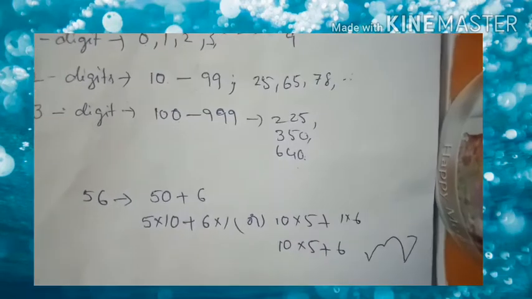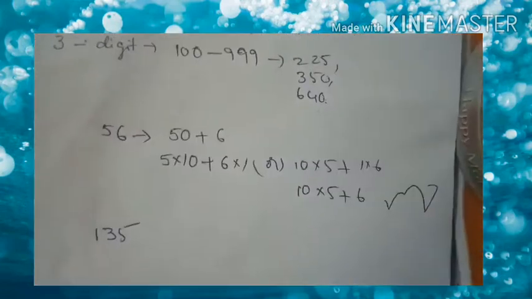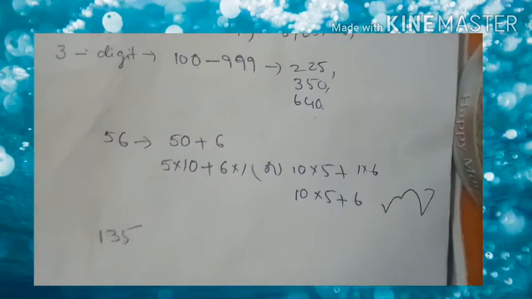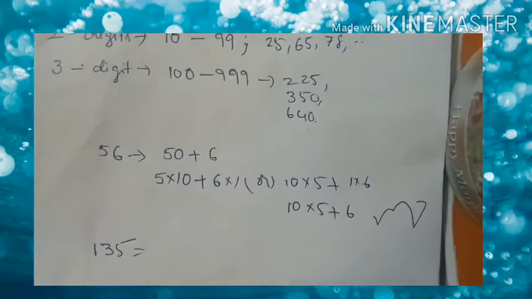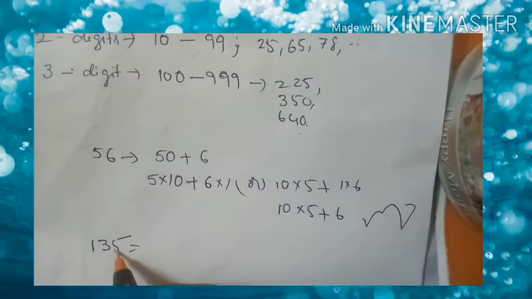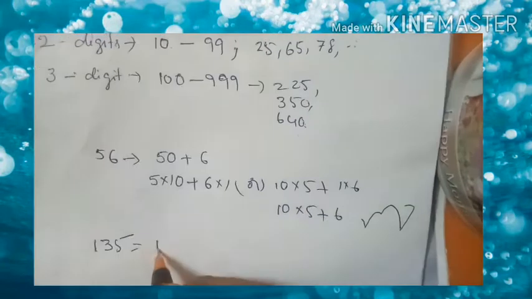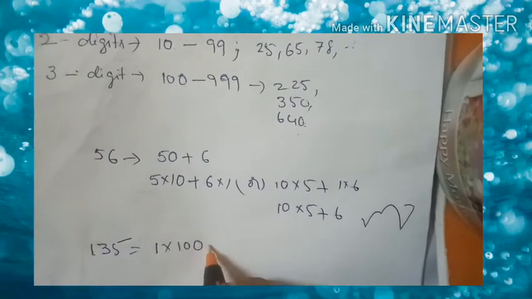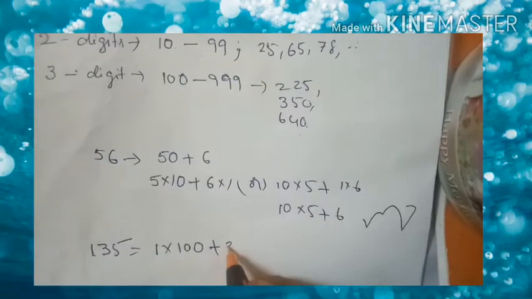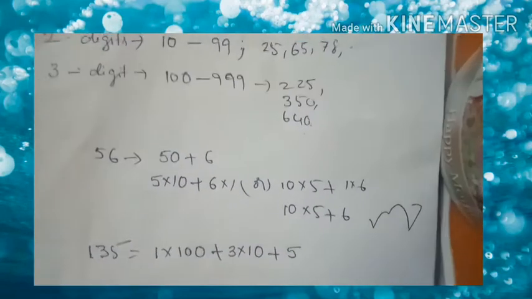Yes or no? In this way we will write the general form. And for the three digit number 135, how can you write 135 in the usual form? Yes, this is unit place, this is tens place, this is hundred place. So what is the hundred place? 1. You should multiply it with 100, plus tens place 3 multiplied by 10, plus 5.